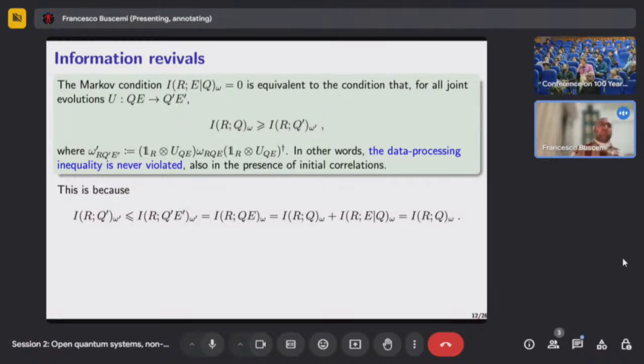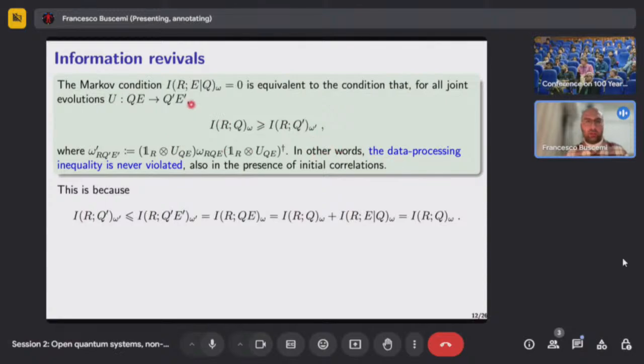If the Markov condition is satisfied, so if the initial set of correlations can be steered from a Markov state, this is also equivalent to the condition that for all joint evolutions of system and environment, the mutual information between reference and system does not increase. So it goes down. The initial correlation between reference and system is greater or equal to the correlations at later times.